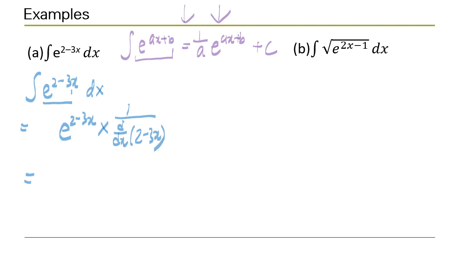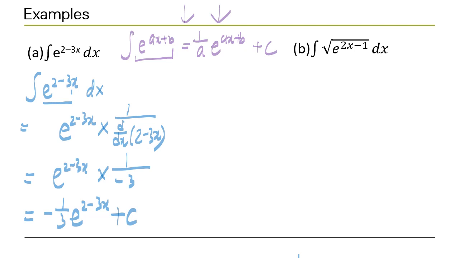You differentiate 2, you get 0, differentiate negative 3x, you get negative 3. So you end up getting 1 over negative 3, which can be written as negative 1/3. And then remember to add an arbitrary constant c.